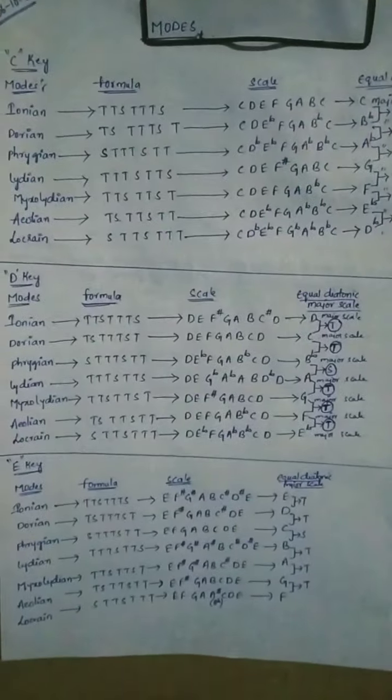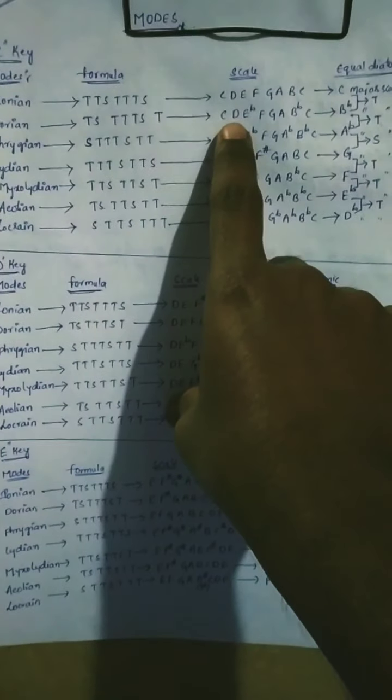I'm sorry. When we apply this formula to the tonic key C, we get this scale C, D, E flat, F, G, A, B flat, C, that is equal to the diatonic major scale B flat major key.